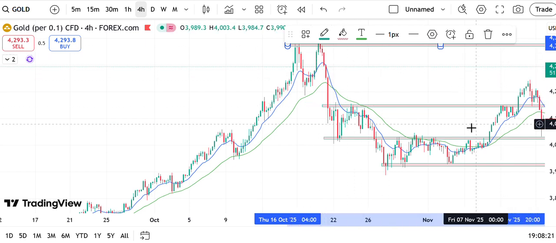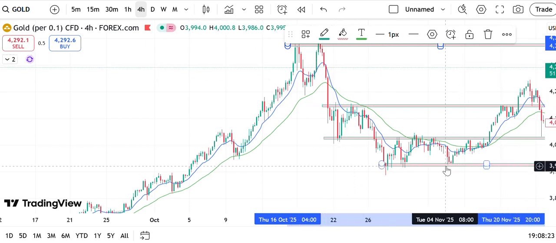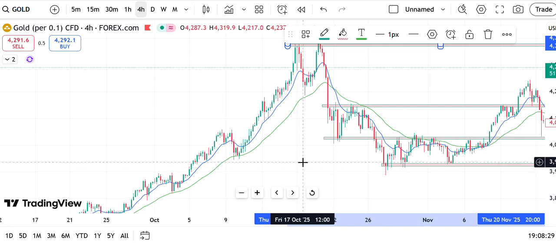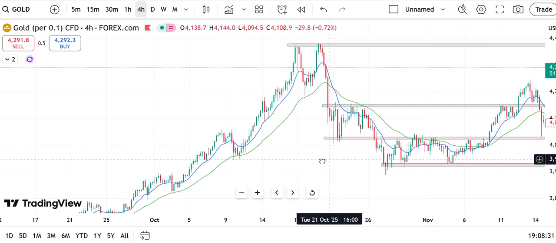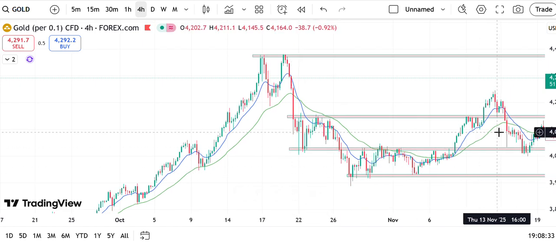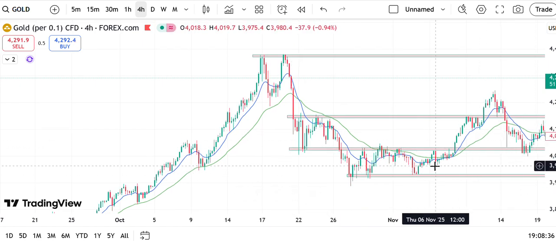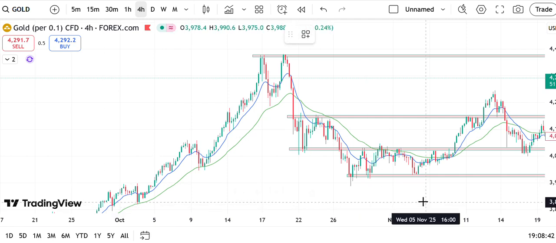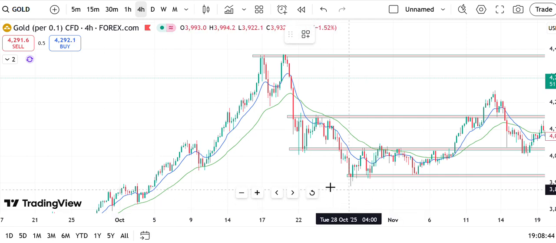Now, after plotting my support and resistance, which looks very beautiful as you can see, I like to go ahead and look for a trend line and pull it out.